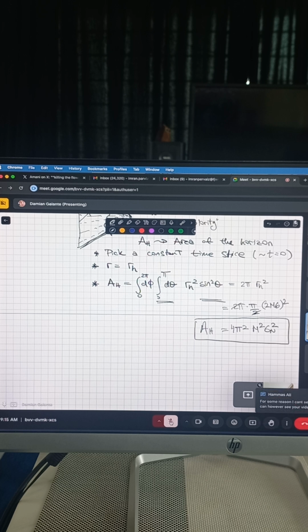Okay? So now the goal, for some reason, I can't see your share screen. Can someone help Hamas? I think it's a problem at Hamas's end because I can see both the screens.